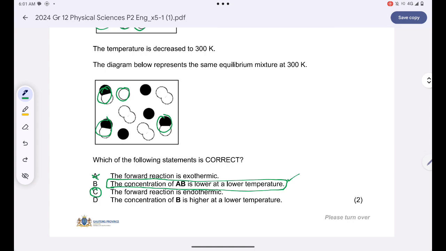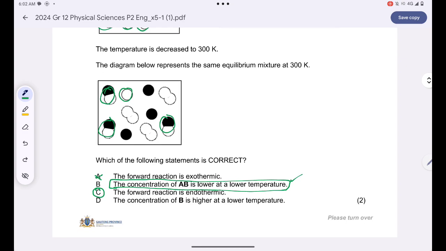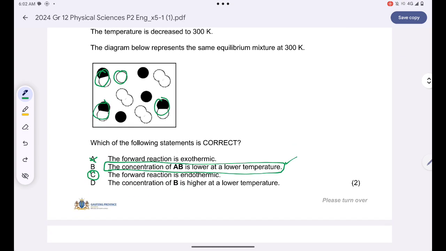And I know that whenever I decrease temperature, I will always favor an exothermic reaction. Since the reverse reaction is favored, the reverse reaction is exothermic. And if my reverse reaction is exothermic, therefore the forward reaction has to be endothermic. That's why I'm picking C over there.